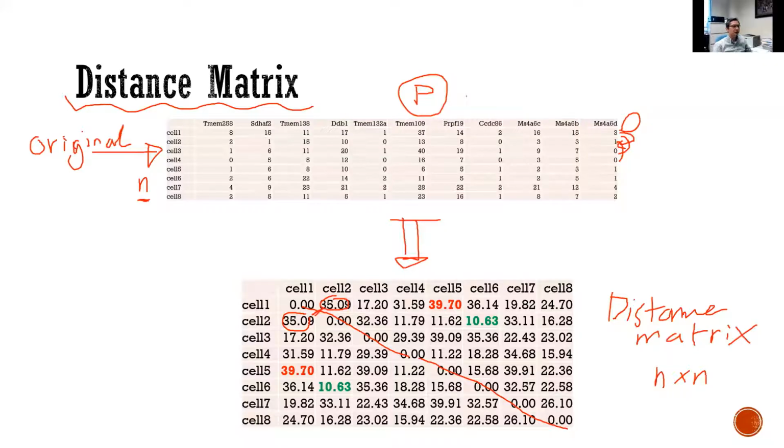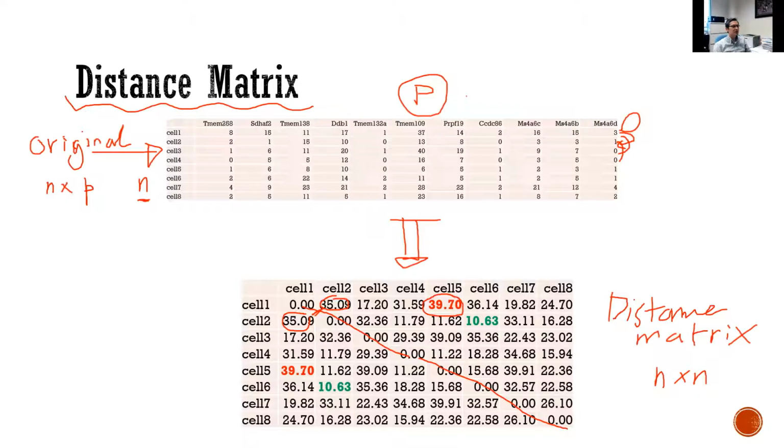So, okay, in this way, we have already reduced the dimension, we changed the dimension from the original matrix, which is n by p, into an n by n matrix. So let's see how we can reduce the dimension here. Now you see some of the cells, the distance between them is large.